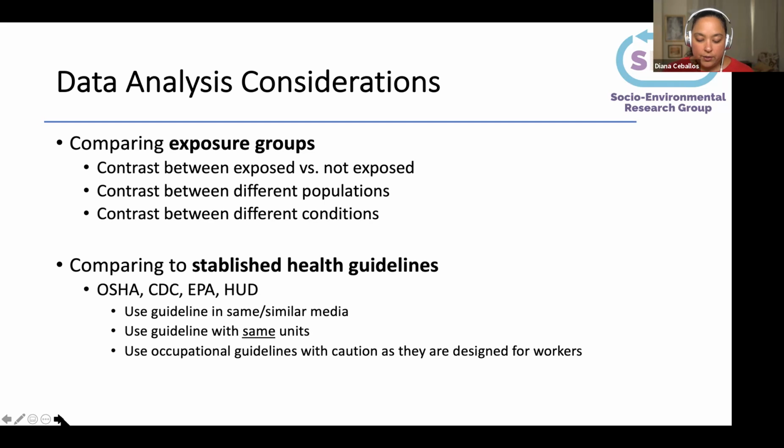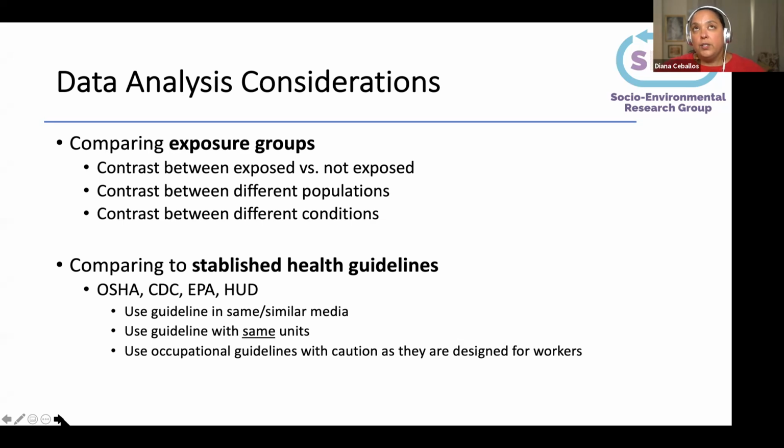So now another tool that is very important to put in context your exposure data is comparing to established health guidelines. And so government, at least in the United States, and there may be other international guidelines, like OSHA, CDC, EPA, and HUD have very good guidelines to compare with.